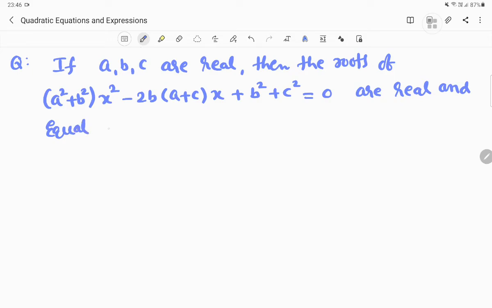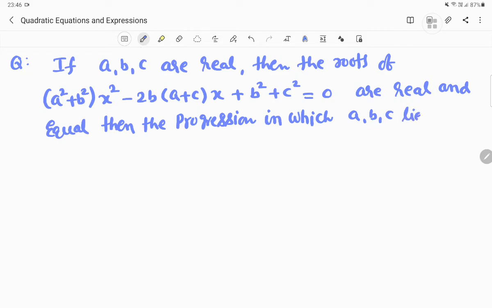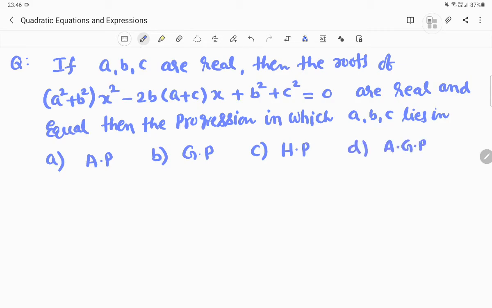Then the progression in which a, b, c lie is: first option AP, second option GP, third option HP, fourth option arithmetic geometric progression AGP.